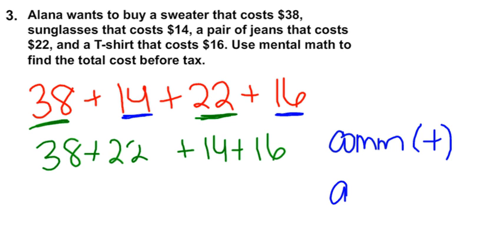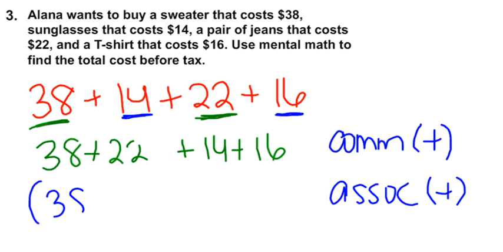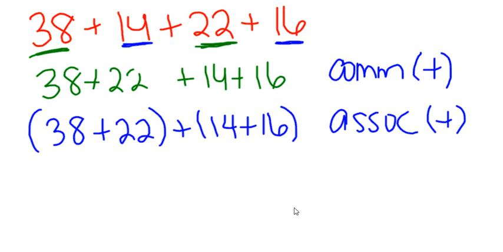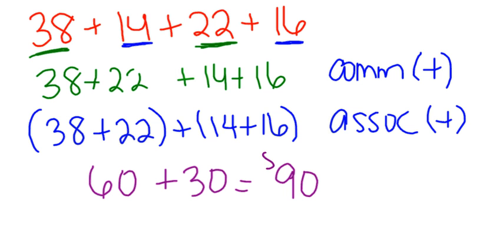So this is going to be the associative property of addition. So I'm going to group 38 plus 22, and then I'm going to group 14 plus 16. Now, this is fairly simple because 38 plus 22 equals 60, and then 14 plus 16 is 30. So the answer is going to be $90. So $90 is going to be your cost.